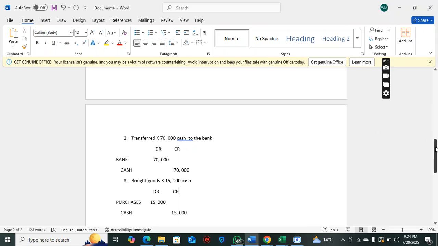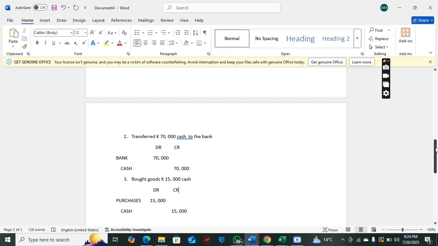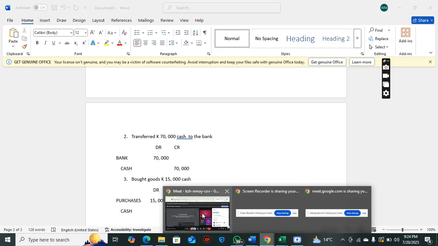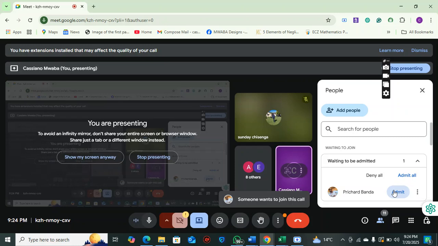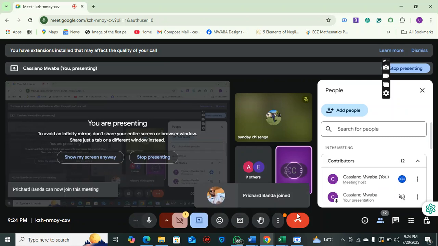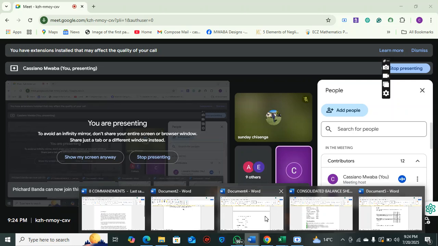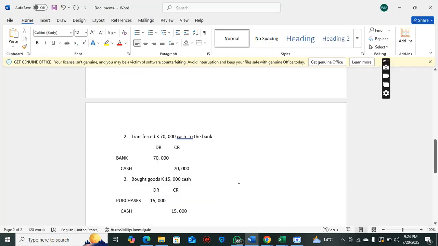Okay, let me just go through it one more time. We bought goods for cash 15,000. Step 1, you identify the transaction. We're purchasing goods for resale. Step 2, you identify the accounts involved. The accounts involved here are the purchases expense account and the cash account.